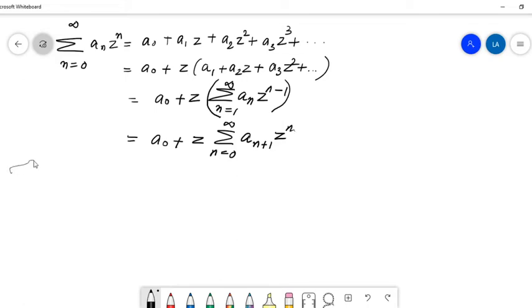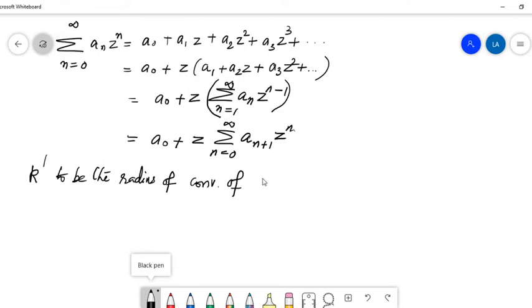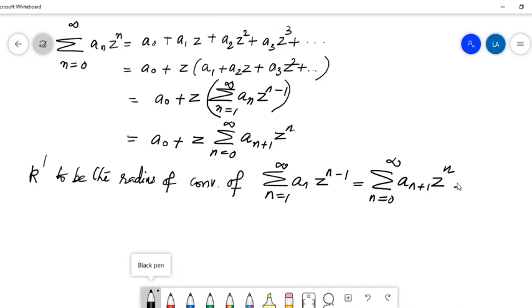So presently we have r dash to be the radius of convergence of summation n is equal to 1 to infinity of a_n z raised to n minus 1, which is equal to the summation n is equal to 0 to infinity, written like this. So we are just rewinding that.